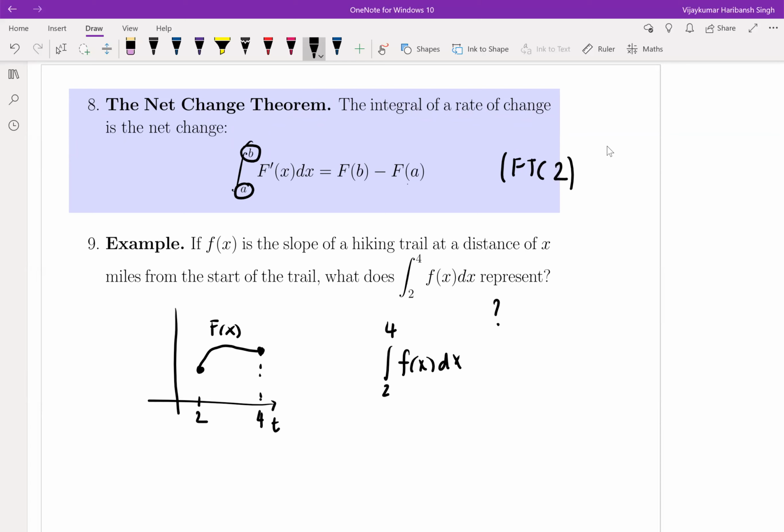Now f prime of x will represent the derivative of this function. So the question is, what does the integral of f of x dx from 2 to 4 represent?